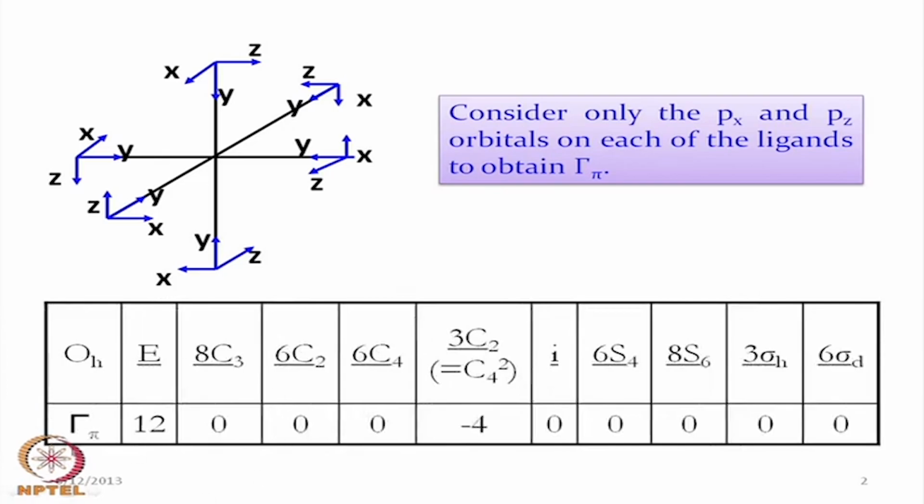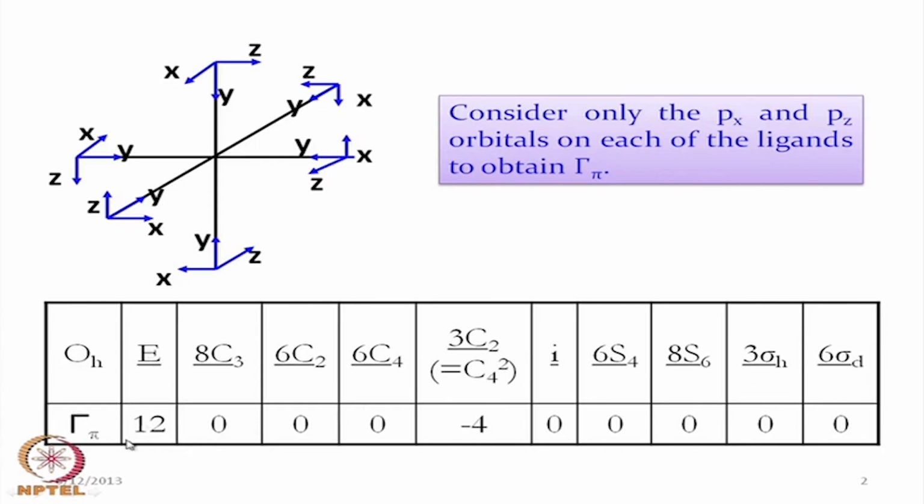So, for the reducible representation, gamma of pi, for the pi interaction, the symmetry operation E gives 12, and we have the corresponding C2 and all other contributions from the octahedral character table, where these symmetry elements are all present.